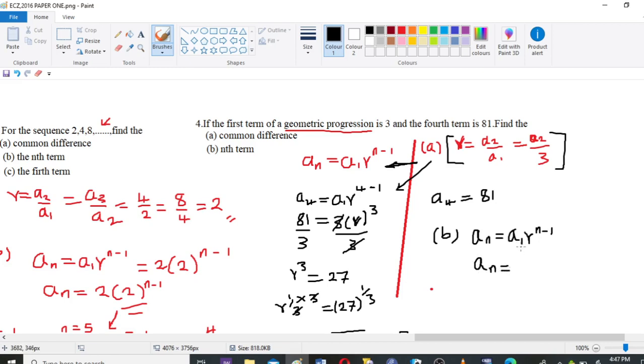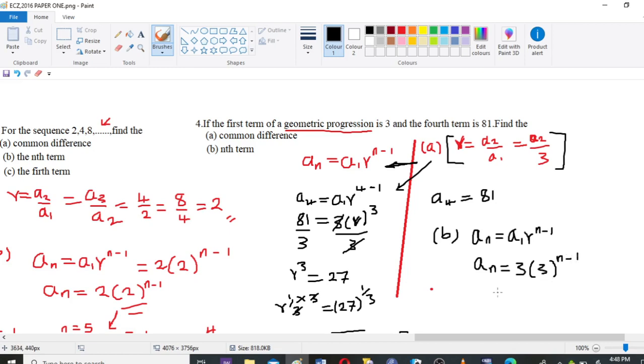Now our first term, which is a1, is nothing but 3, multiplied by r raised to the power. Now what is our common ratio? We calculated it here and found it to be 3 again. Now this is raised to the power n minus 1.